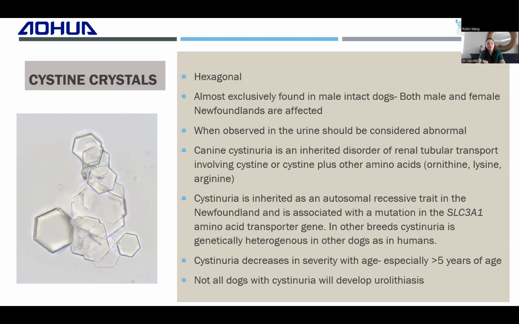But once these dogs are aging, you might see less and less cystinuria in their urinalysis. Not all dogs with cystinuria will eventually develop urolithiasis, and we will say how we will manage these uroliths.